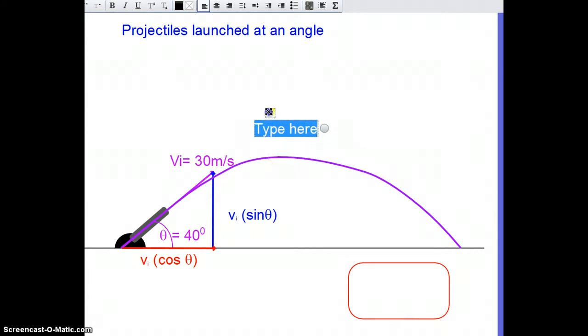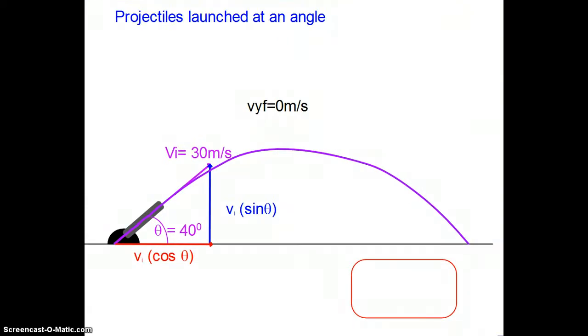We can say that the velocity in the y direction final at the top is equal to 0 meters per second. So with that final velocity y at 0 meters per second right here, we can then grab those equations. They moved down, let me grab them here.